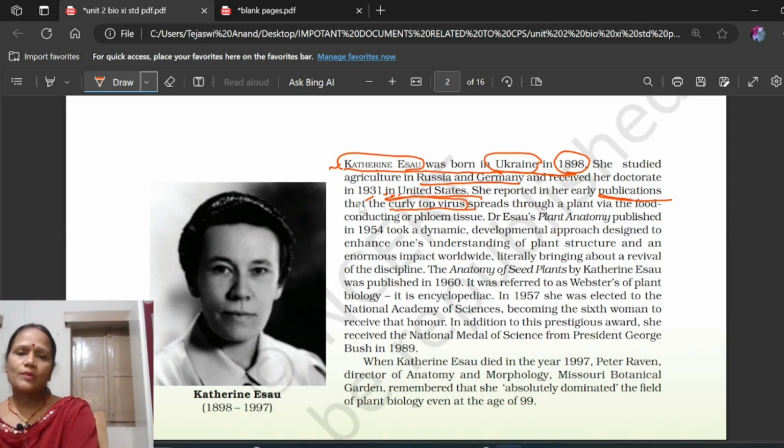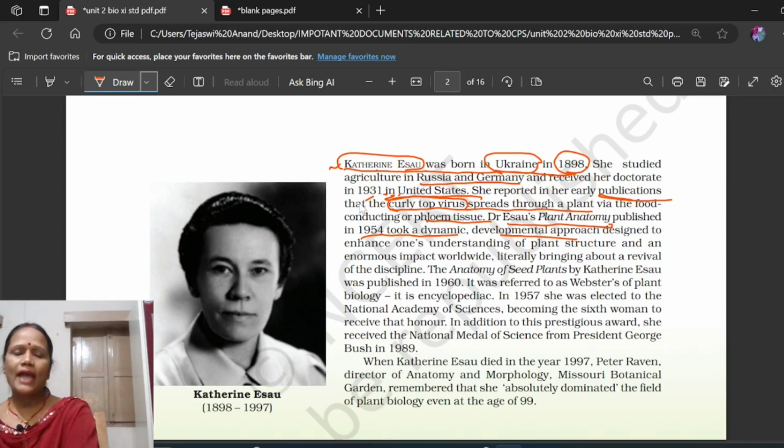She has a research paper on curly top virus, and she discovered how this virus spreads through a plant via the food conducting or phloem tissue. फ्लोएम टिश्यू से होते हुए किस तरह से ये प्लांट को स्प्रेड करता है, प्लांट में फैल जाता है, कौन वायरस, कर्ली टॉप वायरस.